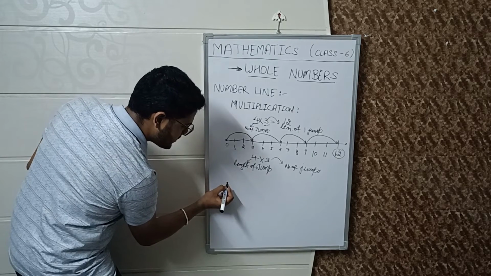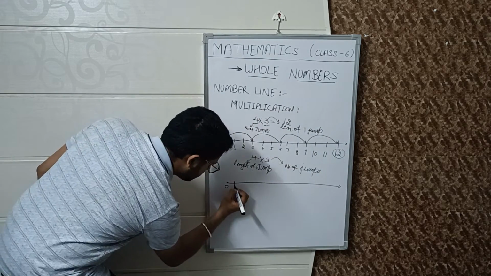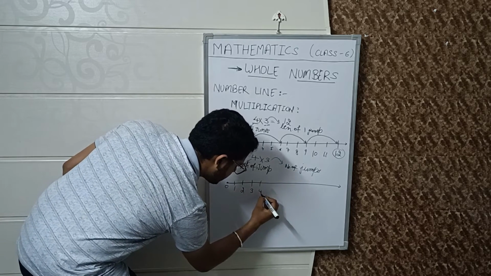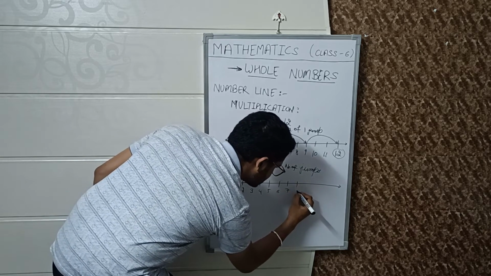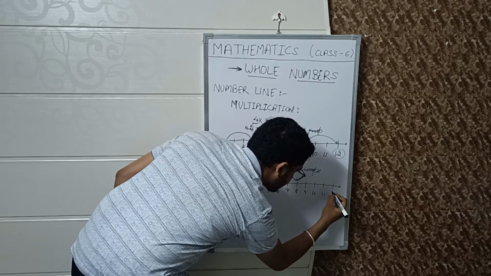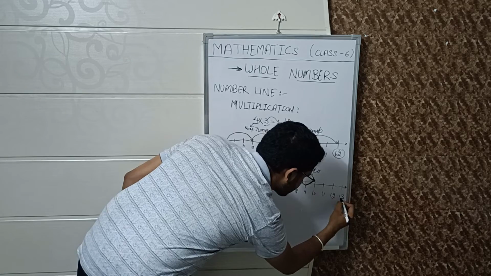Again, we will create a number line. 0, 1, 2, 3, 4, 5, 6, 7, okay.